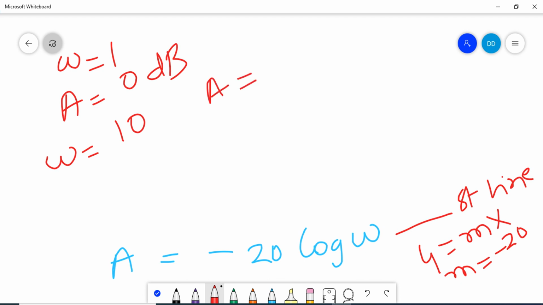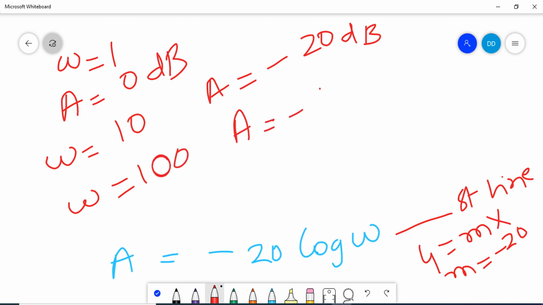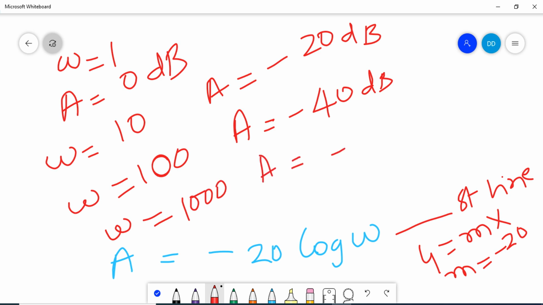Then minus 20 log 10 becomes minus 20 decibels. Omega equal to 100, A becomes minus 40 decibels. Similarly, omega equal to 1000, A becomes minus 60 decibels.